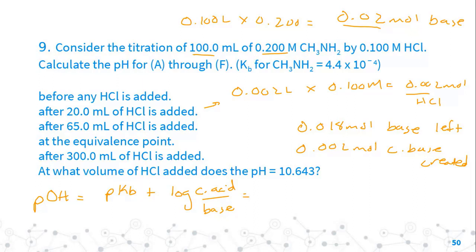So that's negative log of 4.4 e to the negative 4 plus log of 0.002 over 0.018. And tell me what you guys get for the total, once you get the value and add them together.